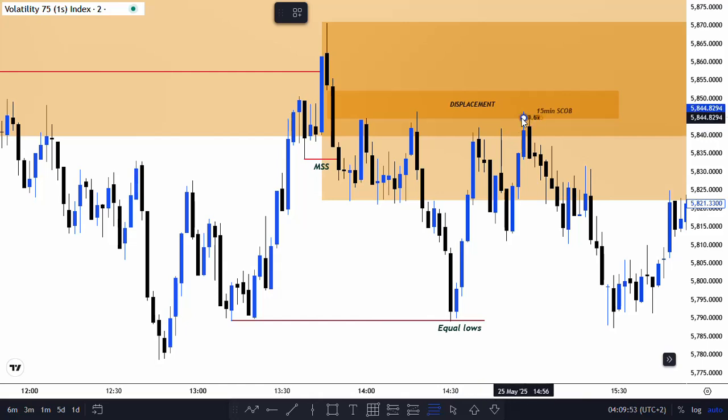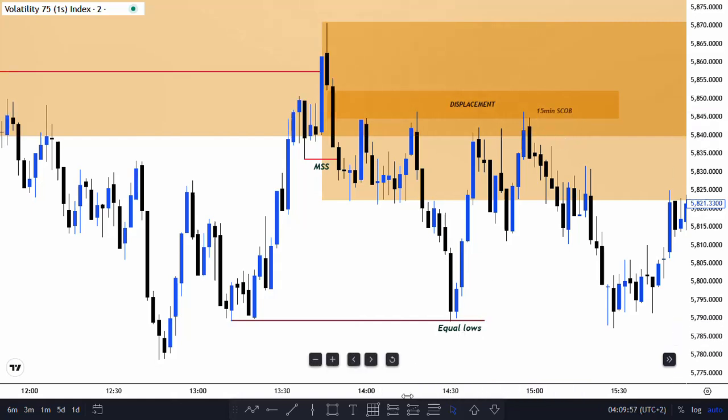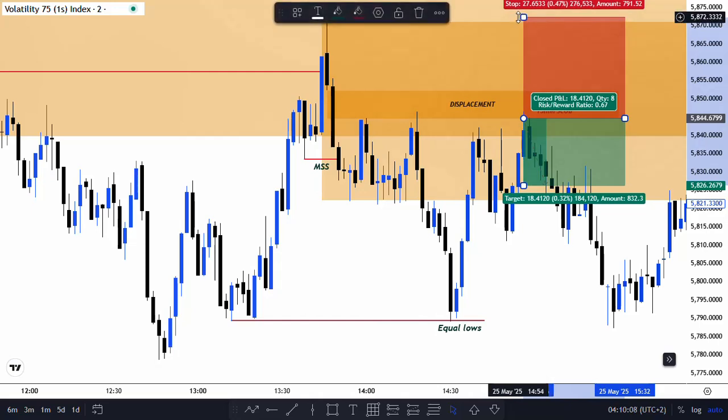Now the reason most of the trades were made in a displacement is because, first of all, this displacement was just in the same area as the breaker block right there.